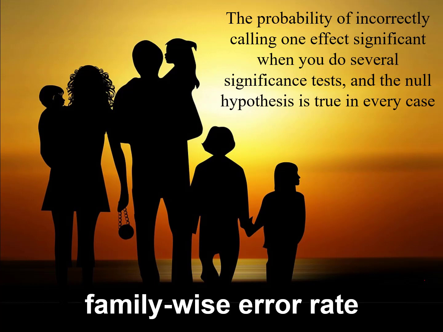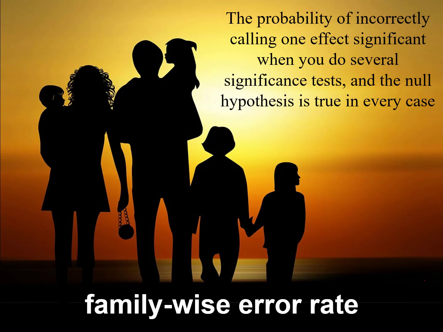The more significance tests I do, the more chances there are for me to make a type 1 error, and the more chances there are for me to mistakenly call results significant when the null hypothesis is true. And so the family-wise error rate is the probability of incorrectly calling one effect significant when we do several significance tests and the null hypothesis is true in every case.